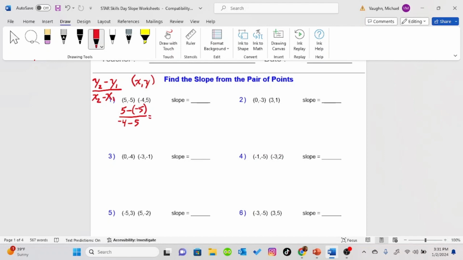If we subtract a negative, that becomes addition. 5 plus 5 is 10, and negative 4 minus 5 is negative 9. So that means that our slope is negative 10 over 9. And you can do the rest of these problems the same way.